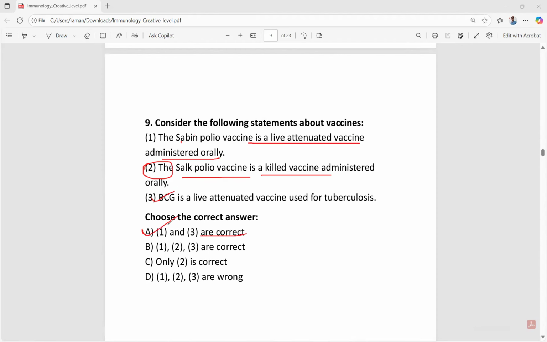So option A is the right one. The Salk vaccine is a killed vaccine administered parenterally. Okay.